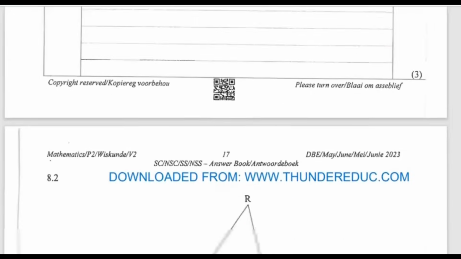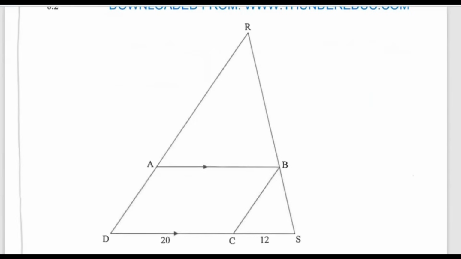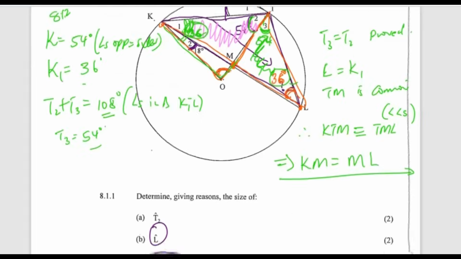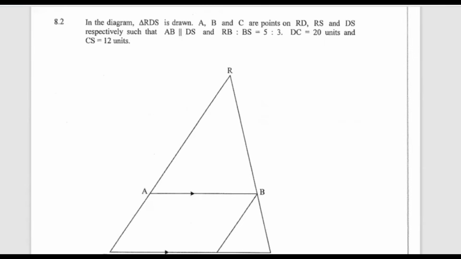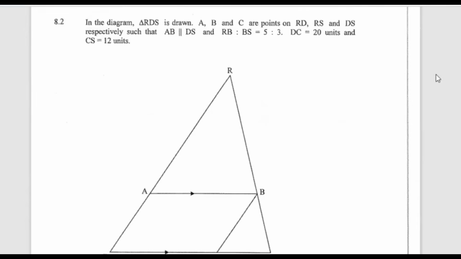All right, then 8.2, they're telling us that the diagram RDS is drawn. A, B, and C are points on RD, such that that and that and that.